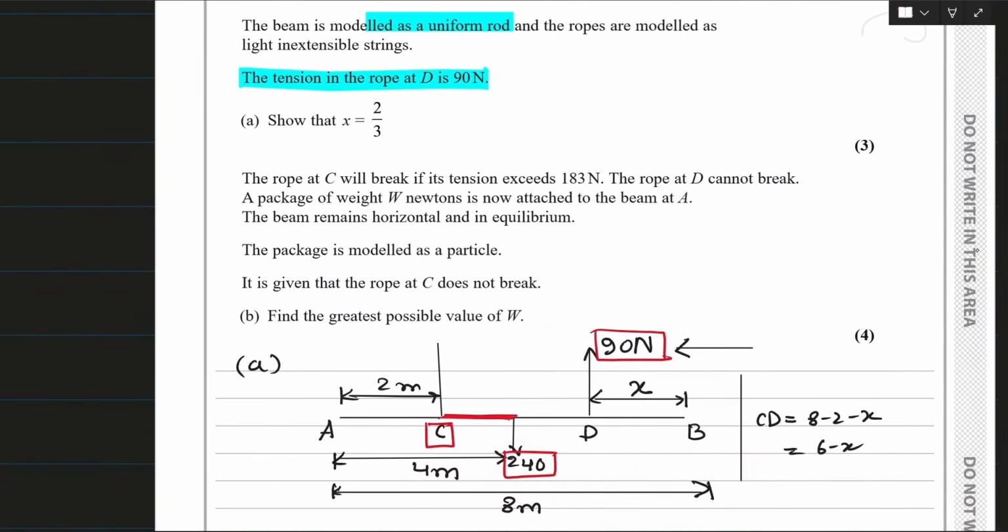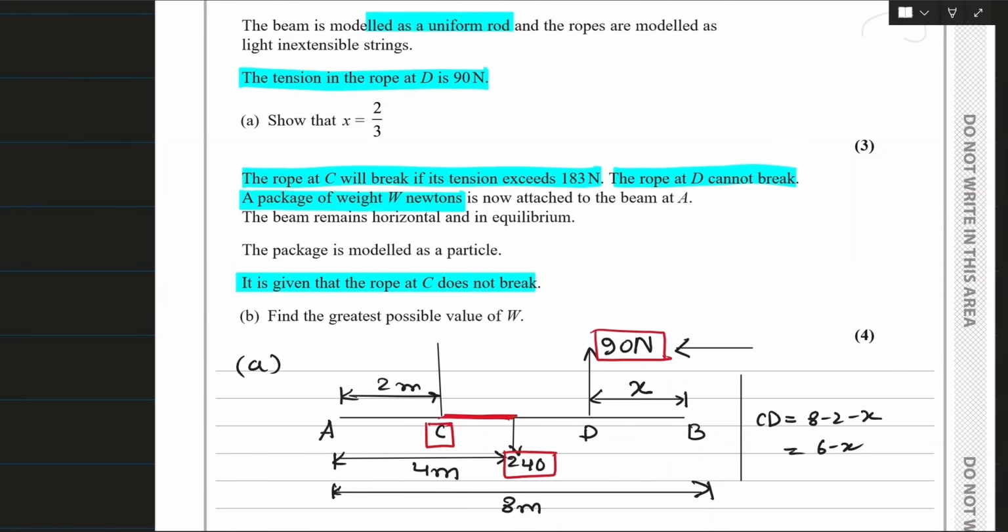For part B, we see that a package of weight W newtons is placed on the point A. It is also given that the rope at point C will break if the tension exceeds 183 newtons. Also given is that the rope at point D cannot break. Now, it is given that the rope at C does not break.